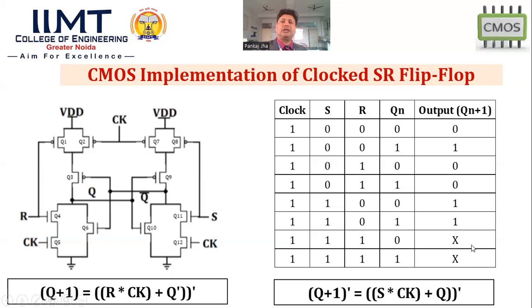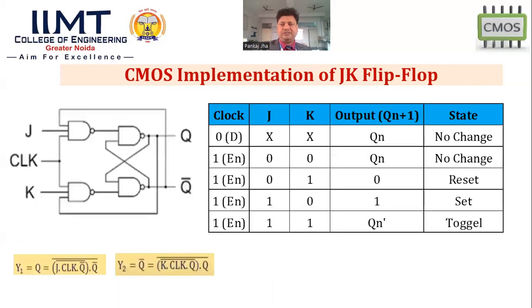And I have discussed earlier that SR latch, SR flip-flop will work properly if the value of S dot R equals 0. Understood? Okay, so let's proceed further. The problem arises in SR flip-flop when we are applying high input at both terminals, that is S equals 1 and R equals 1.